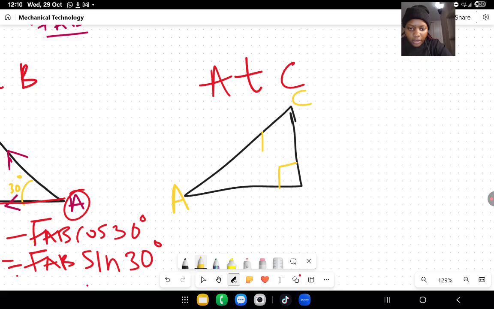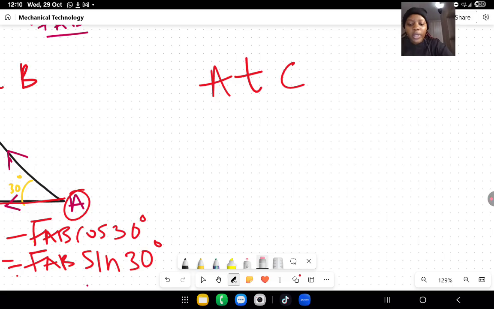We have a smaller angle here. Let me start again. At C, we have our triangle like this.